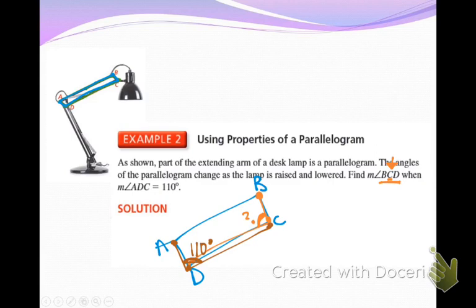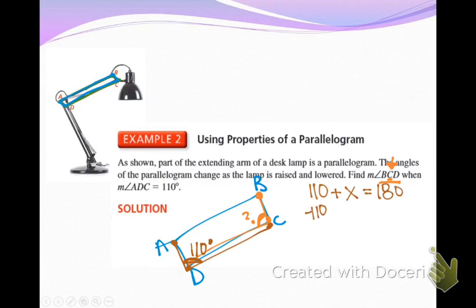Are these angles across from or consecutive to each other? Consecutive, which means right next to each other. What do you know about consecutive angles? They add up and equal 180. So you can do this. 110 plus whatever C is, you can call it X or question mark, will equal 180.